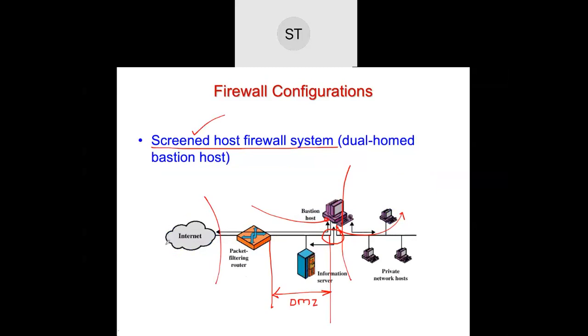So if anybody is inside here, what you can see is the address is 192.168.2.x. What information is this giving? The actual address is 172.168.x.x.